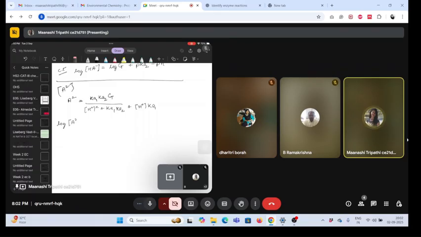Log A2 negative is equal to... I know this portion is a little boring, but yeah, we need to know all the equations. So that's why I'm revising it to you all. Log, this will be square bracket only.